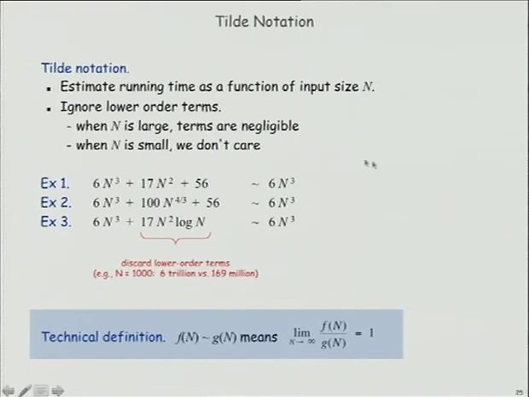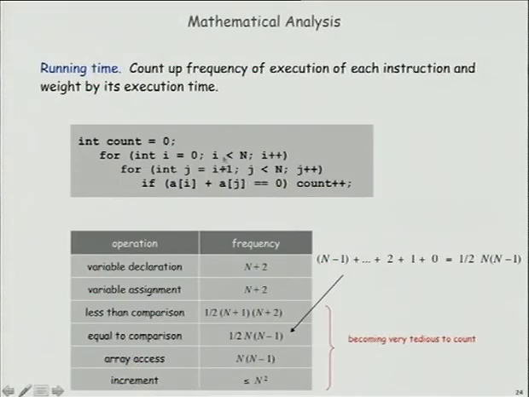So let's see how the tilde notation works. Say, for example, I have a growth function in this format: 6n to the power of 3 plus 17n squared plus 56. Then in tilde notation, that is tilde 6n cubed. So I throw away this one and this one. Remember, this equation comes from this kind of analysis.